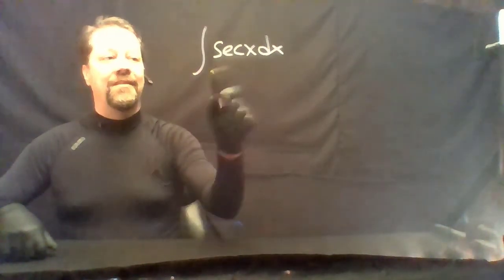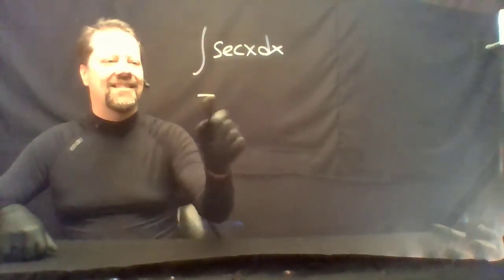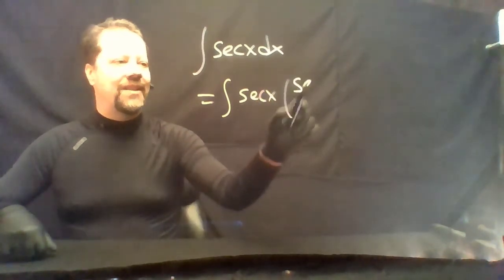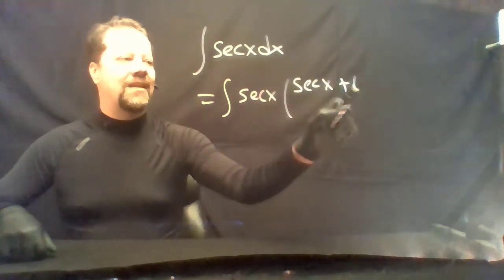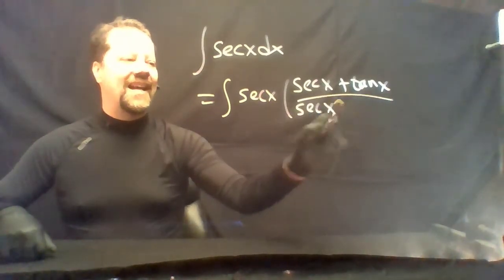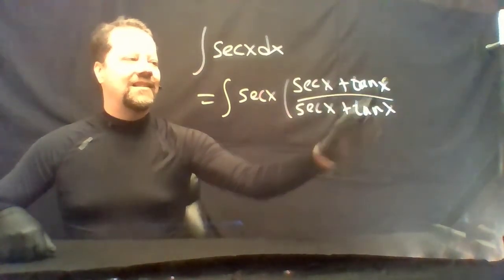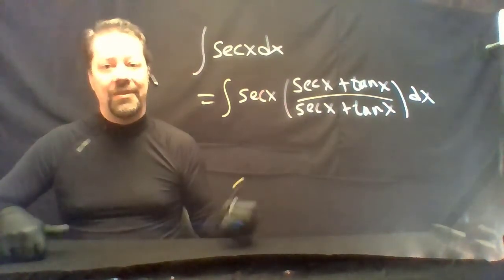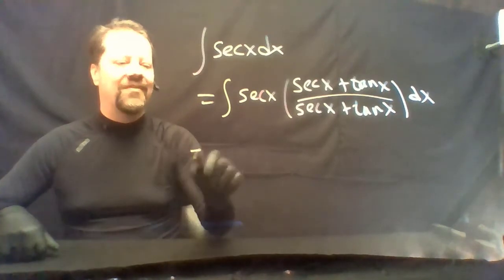Remember, the integral of secant x is one of those garbage can calculations. The trick is to rewrite this with a secant x plus tangent x over secant x plus tangent x, multiplying by 1. We're not changing the value of the integrand, only its form.